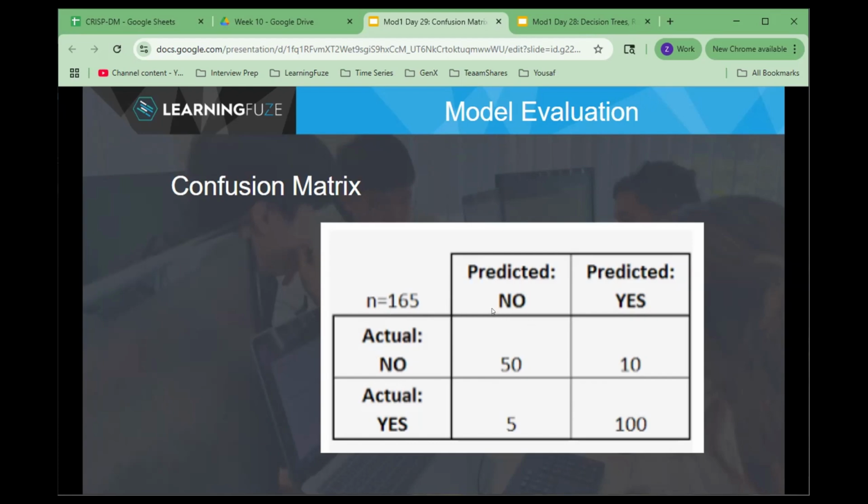In a confusion matrix, you find out what the intersections are.